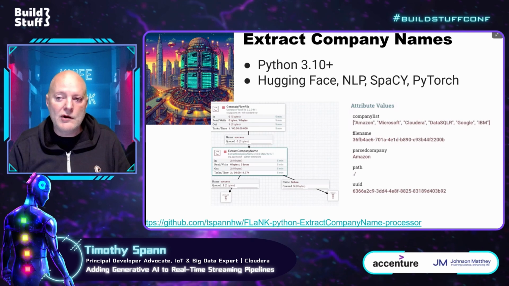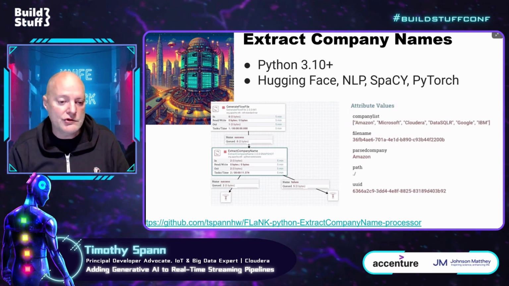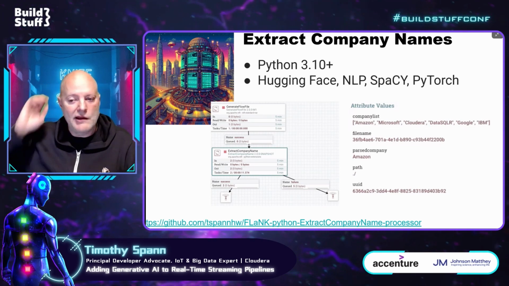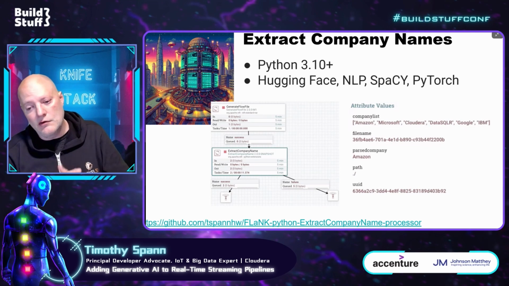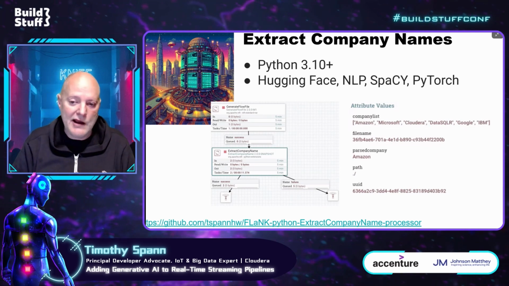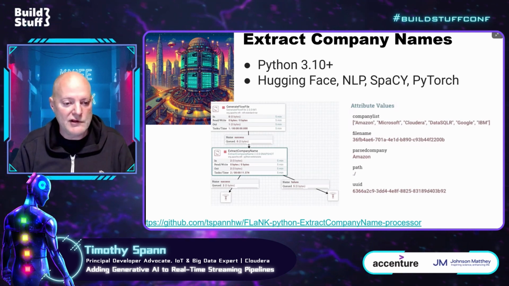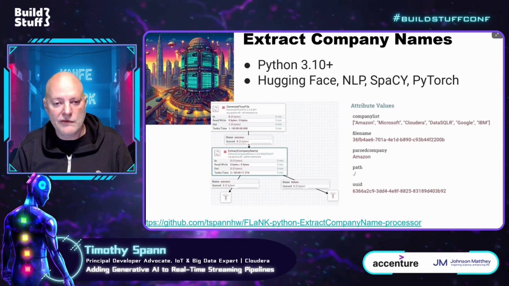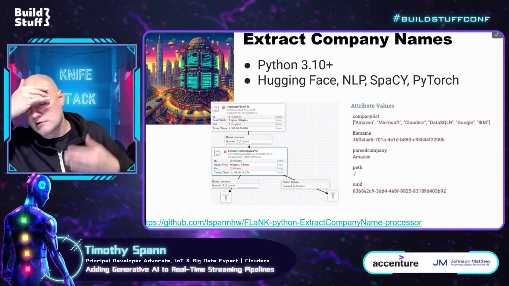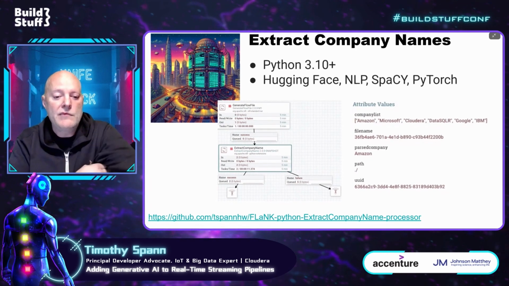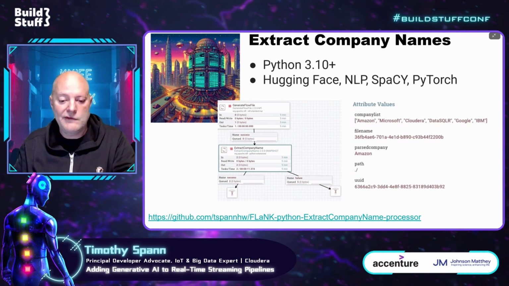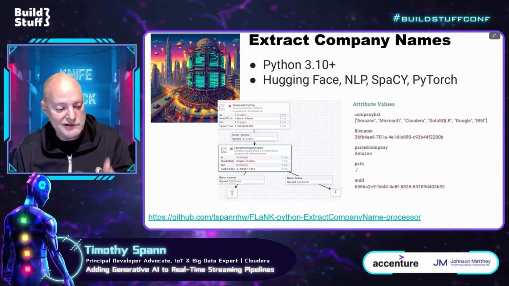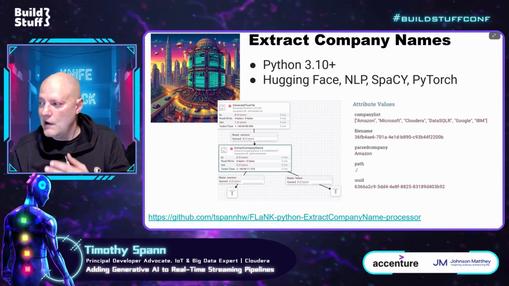Now, this one does pretty well just using PyTorch. Maybe I want to call a small language model. Maybe I want to call a large language model, depending on how good this is at extracting. That's something you can watch as the data is coming through. Again, every time you call something with NiFi, it has a provenance that stores that for us automatically.